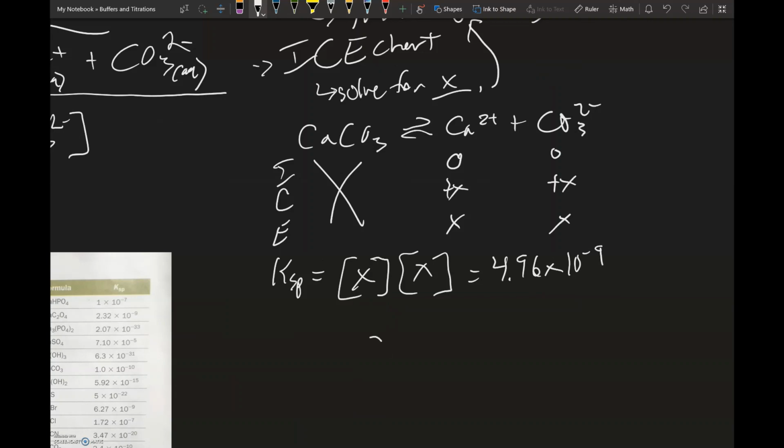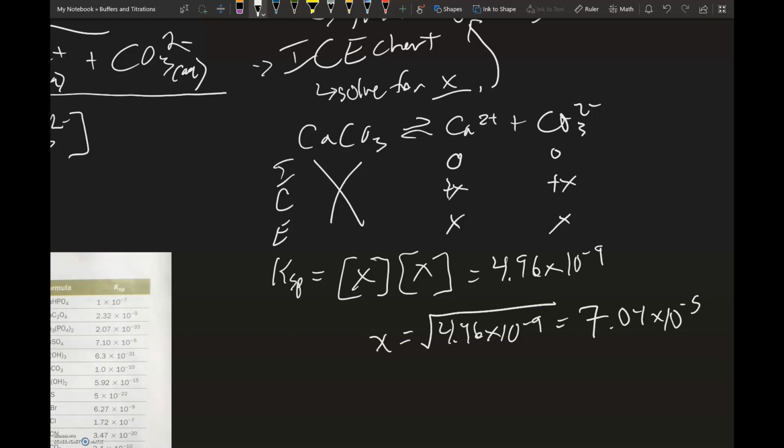We want to solve for x, so x is equal to the square root of 4.96 times 10 to the minus 9. And that gives me 7.04 times 10 to the minus 5. So x represents the molar solubility.